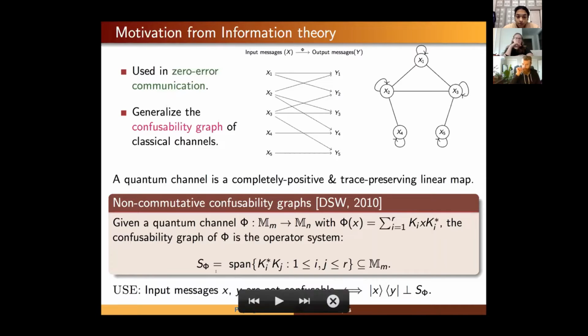It's because two messages are not confusable upon transmission if and only if they satisfy some kind of orthogonality relation with respect to this quantum graph. So if you know more about the quantum graph, then we can better know the capacity of the channel and how many messages can be transmitted through it without confusion. That is a quick summary of the use of quantum graphs in information theory.